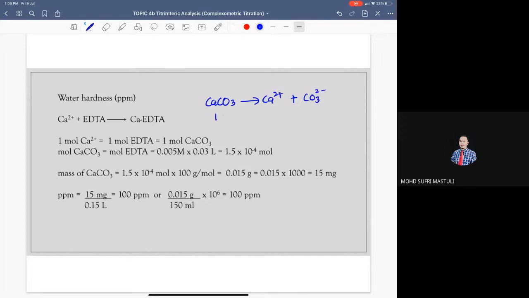So 1 mole of calcium carbonate is the same as 1 mole of Ca2 plus.